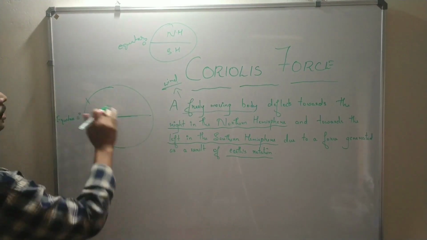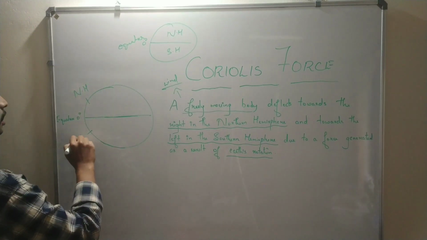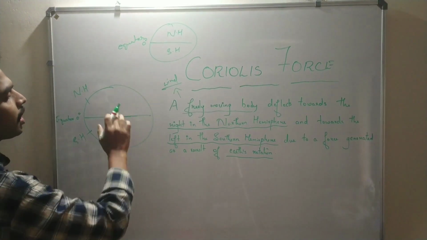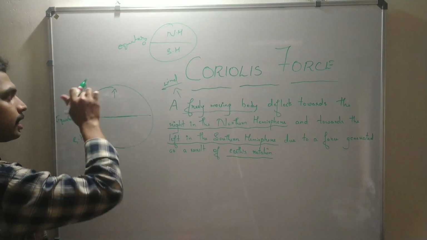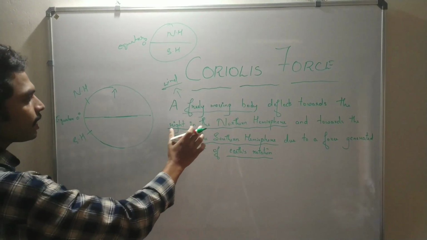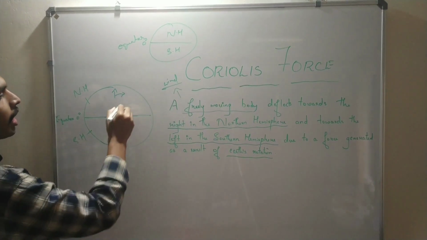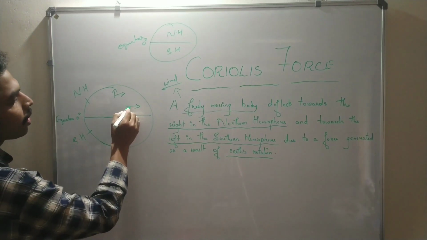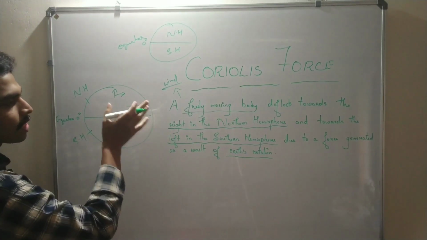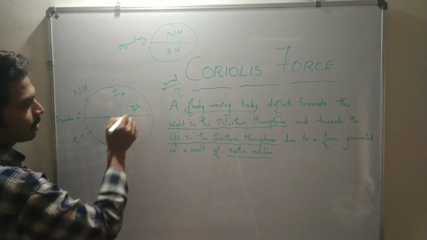So here this is northern hemisphere and this is southern hemisphere. If a wind is blowing in this direction in the northern hemisphere, it will deflect towards the right.